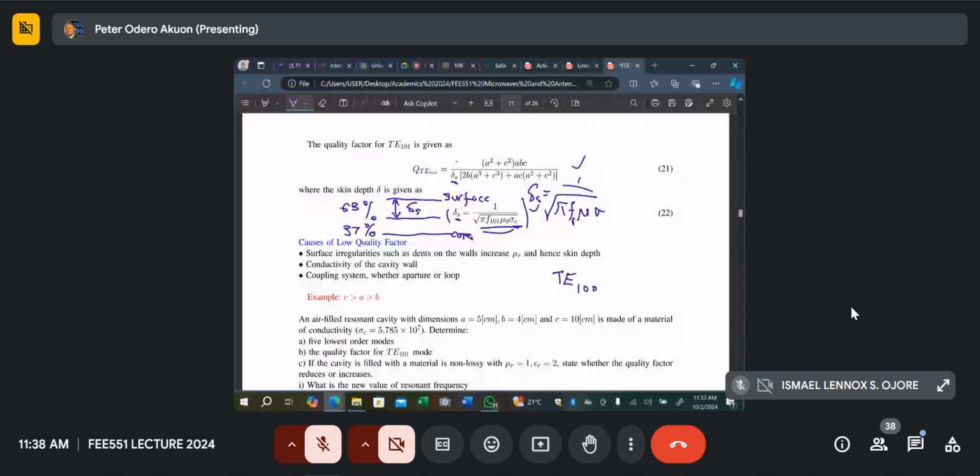So can somebody calculate FR for TE101? What do you get? We're using this formula. You should know it, but let me just rewrite it.